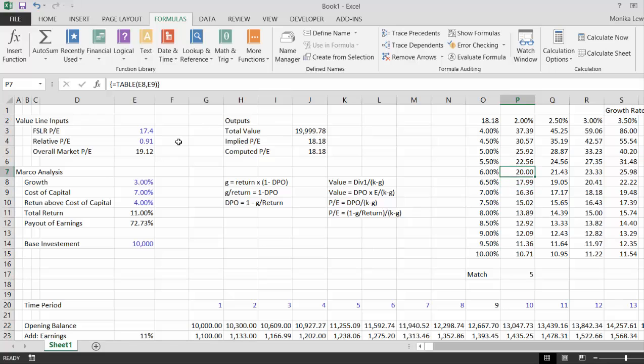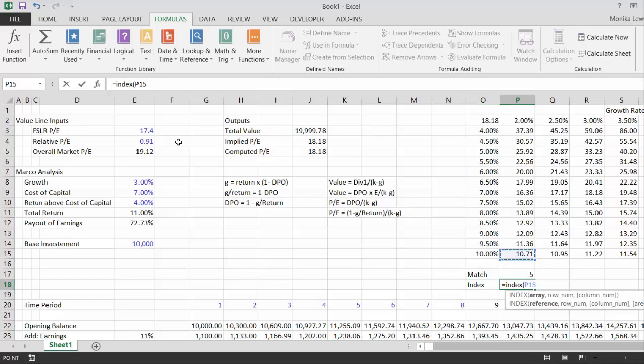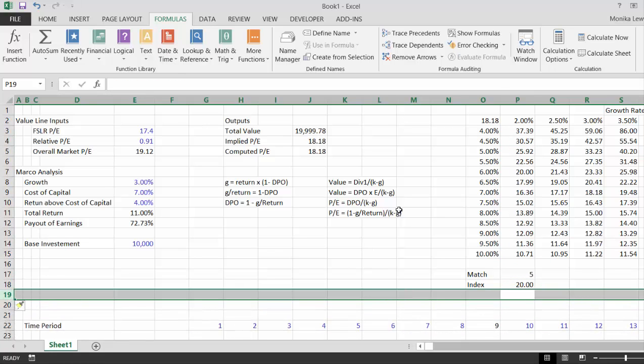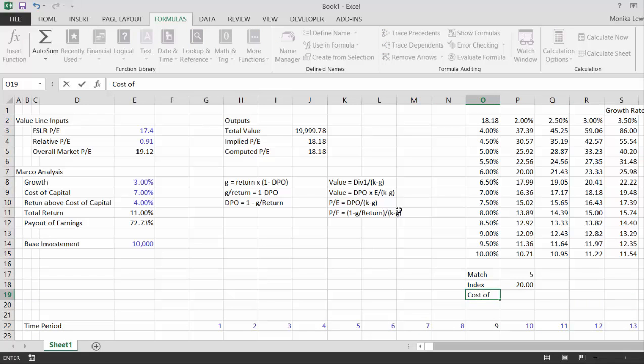So let's do this, and let's put index. We don't really need to do this, but we get this one, and then what we can do is select this. Okay, so when the growth rate is 2%, the cost of capital is, I think that's a good way to do that.